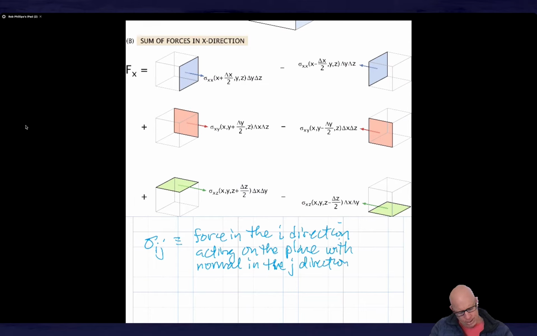And I should have said, this is really the force per area.